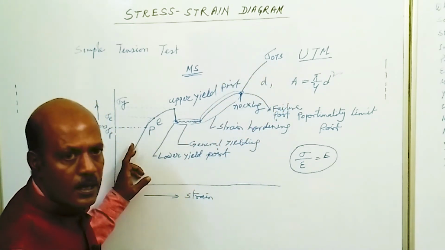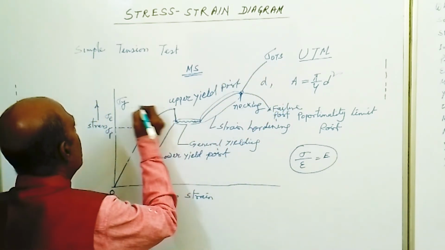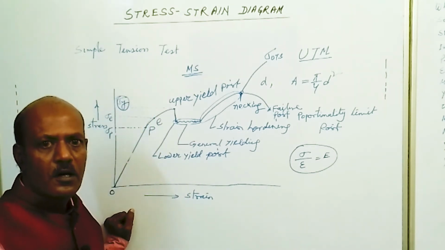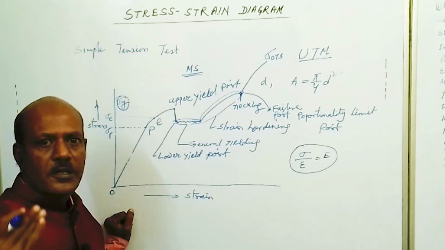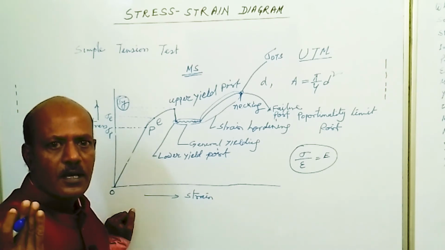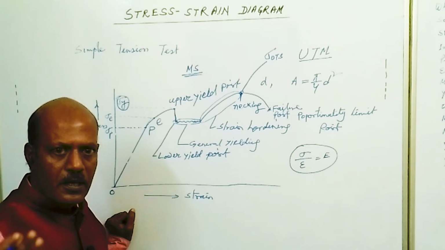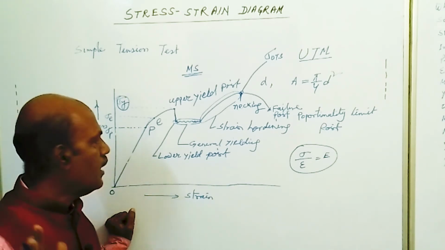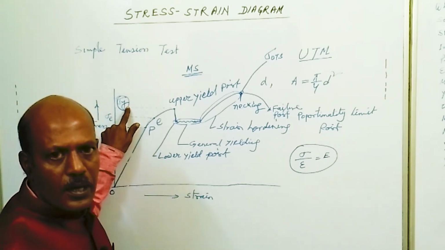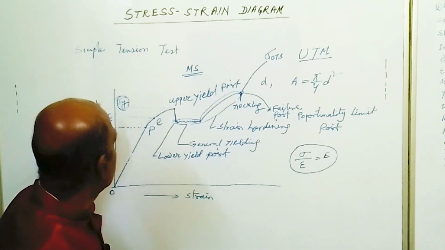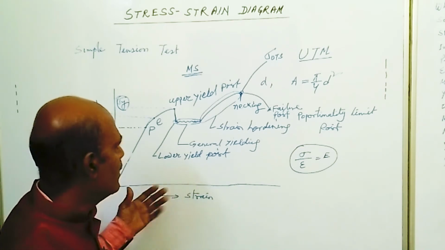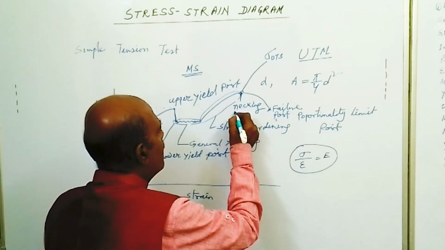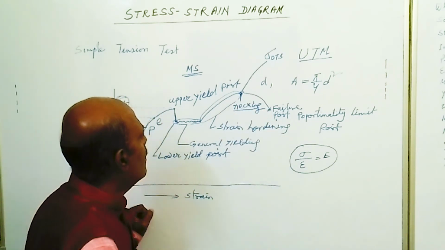But in mechanical engineering, we consider sigma Y as the strength of the body, because if any permanent deformation takes place in the body, then as per our consideration, that body has failed. So we consider sigma Y as the strength of the body in mechanical engineering, but the actual strength is sigma UTS. And at this point, one phenomenon takes place, called necking.